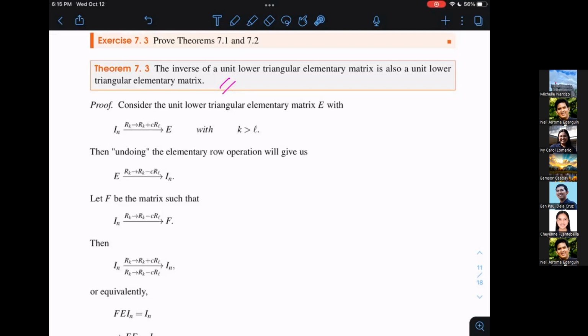Okay? And then to find the inverse of E, kailangan lang nating i-undo yung ginawa ng ERO. Kasi nga yung ERO ay nag-act sa identity matrix, kaya natin nakuha si E. So para makuha ko kung ano dapat yung i-multiply ko kay E para makuha yung identity matrix, I only need to undo this operation. Okay? Now, undoing this row operation will give us this.